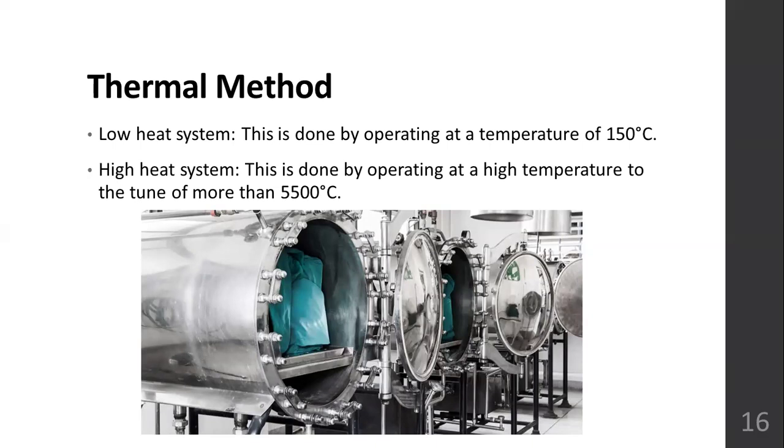In low heat system, the maximum temperature is 150 degrees Celsius, 100 to 150 degrees Celsius. That is the operating temperature. Your normal autoclaves that you use in hospitals come under low heat system. High heat system is done at industrial level, where the heat generation can go up to 5500 degrees Celsius. Okay, that is high heat system.